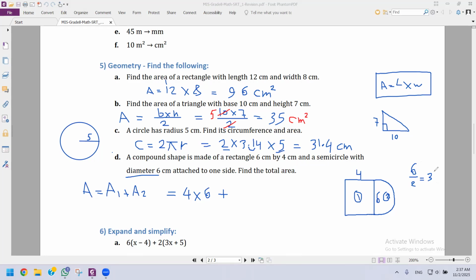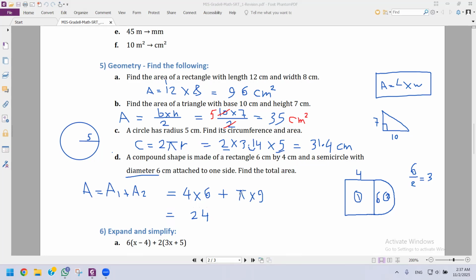If I divide the diameter by 2, I'll get the radius. So pi r squared, which means pi times r, which is 3, squared. 3 squared is 9. Now, 4 times 6, 24.